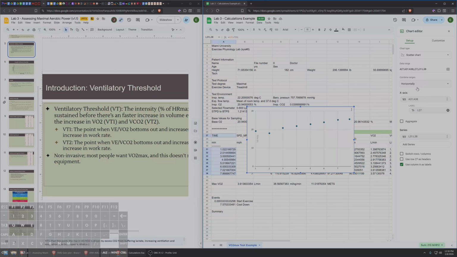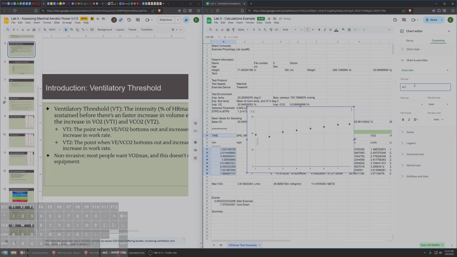VE over VO2. Now, if you wanted to add those, use row 27 as a header. Say you wanted to add axes, you need to add a title: VE over VO2 over time for ventilatory threshold 1, something like that.